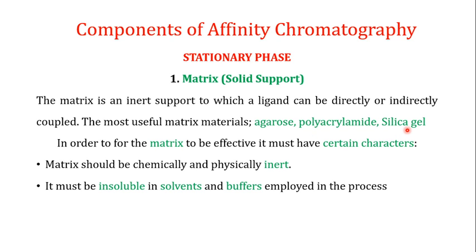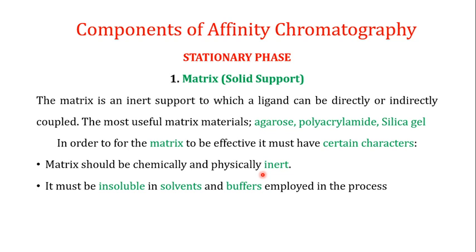But if you are choosing a particular matrix, you have to choose it based on certain characters. In order for a matrix to be effective, it must have certain characters. The first important character an effective matrix should have is that it should be chemically and physically inert. You should not confuse this with the attachment of the ligand.